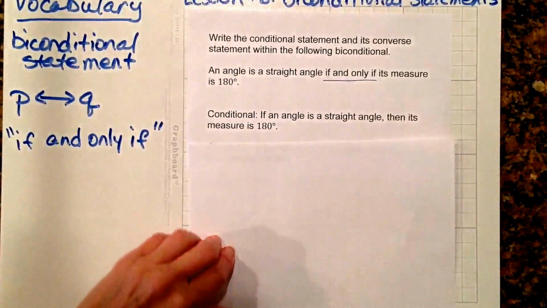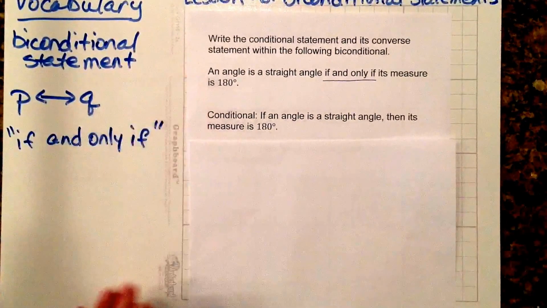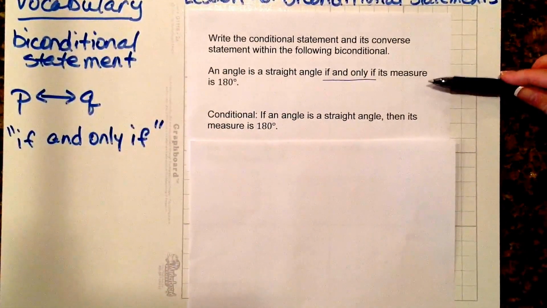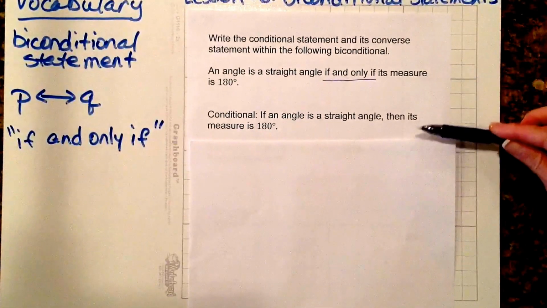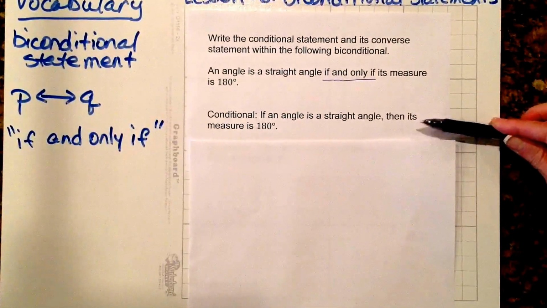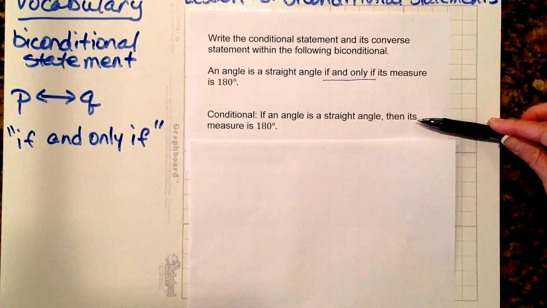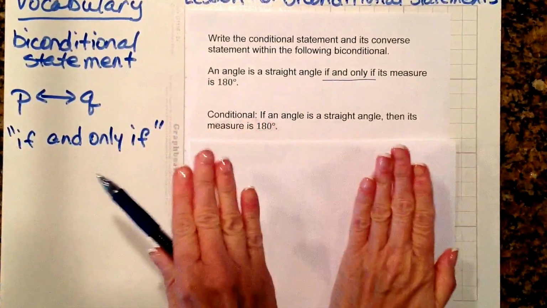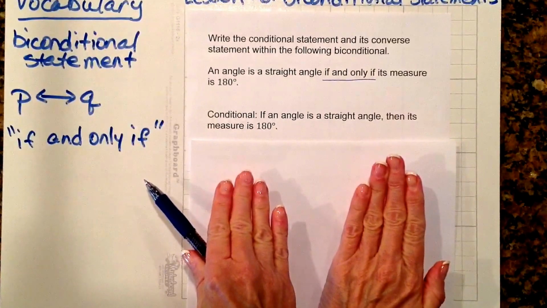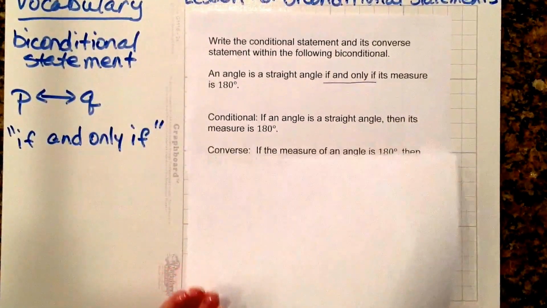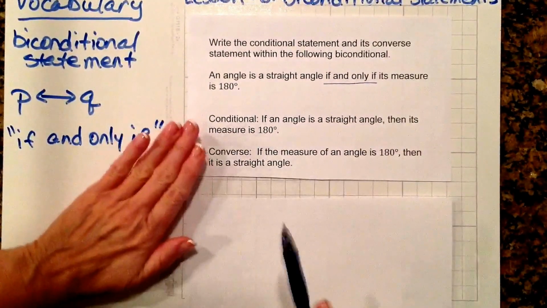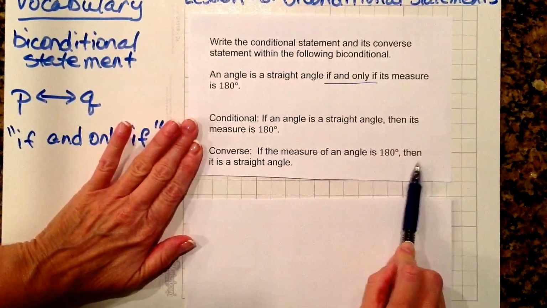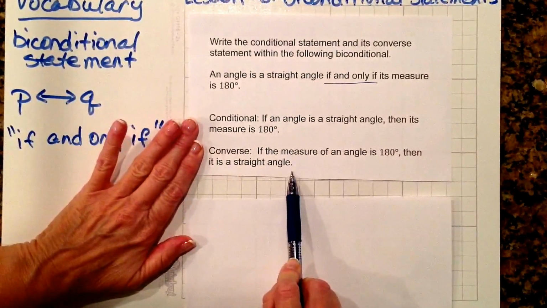Okay, now I want to write the converse of this biconditional. So I'm going to look right here at my conditional statement. Remember, this is if P, then Q. And what I do is I just flip it. If Q, then P. So my converse will be, if the measure of an angle is 180, then it is a straight angle.